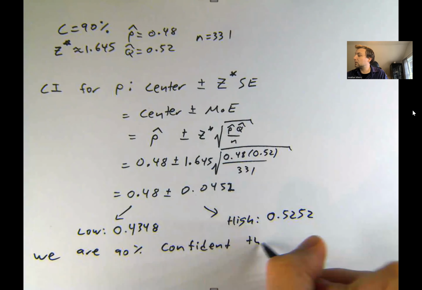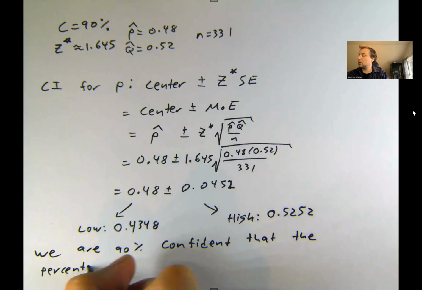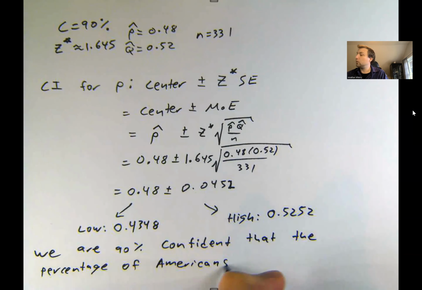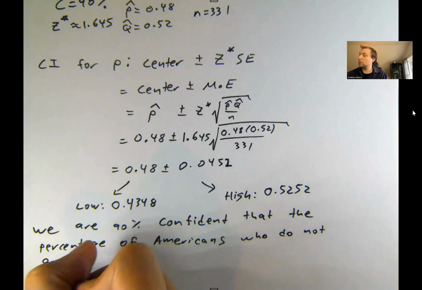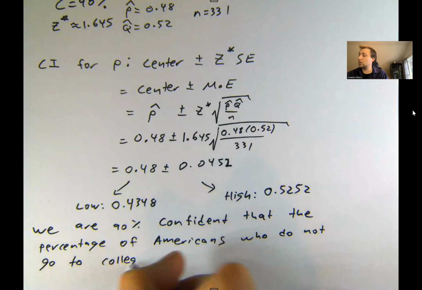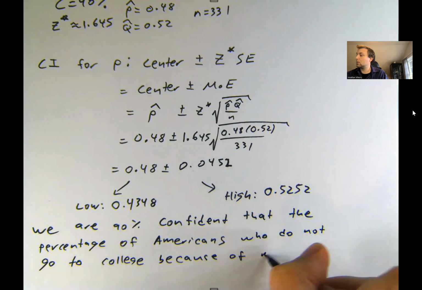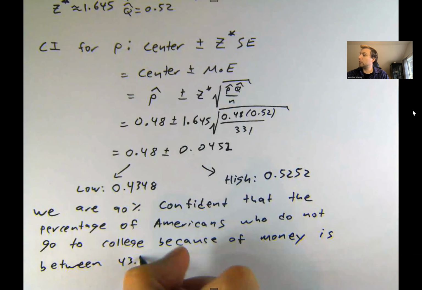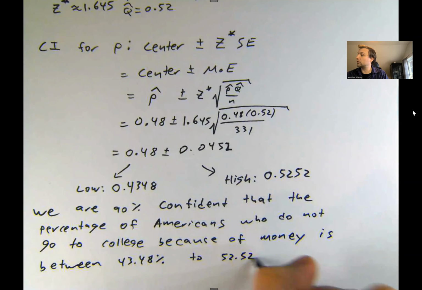that the proportion or percentage of Americans who do not go to college because of money is between 43.48% to 52.52%.